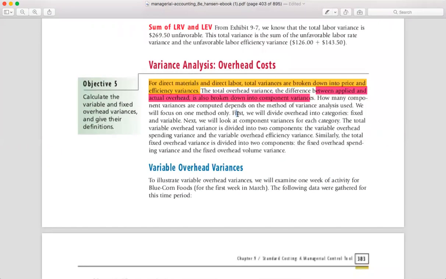First, we will divide the category into fixed and variable. So we're going to have a look at the component variance for each category. The total variable is divided into two components, variable spending and variable overhead efficiency. So now let's have a look at the variable overhead variances.